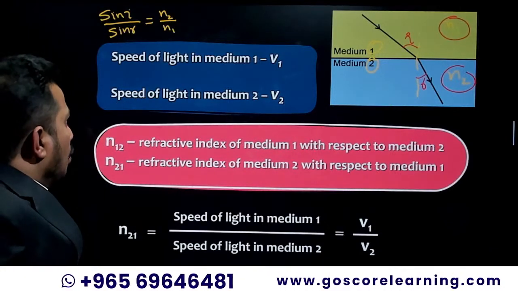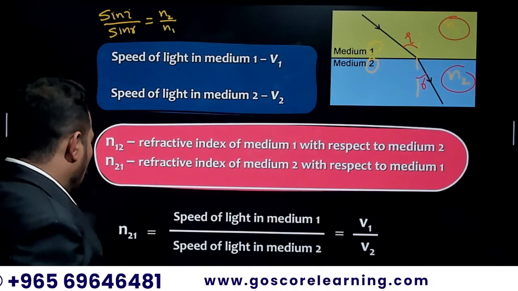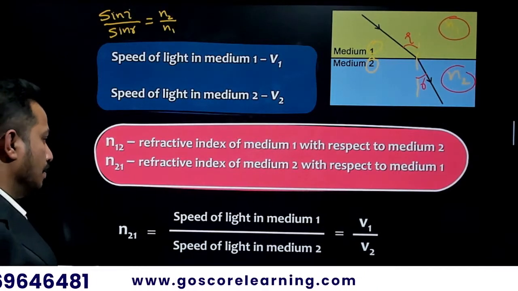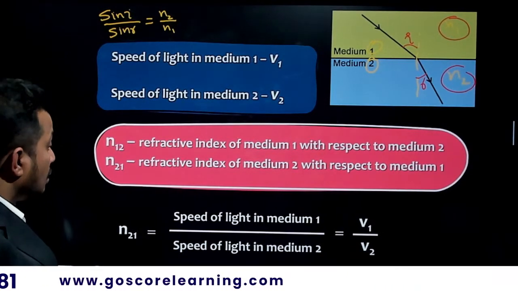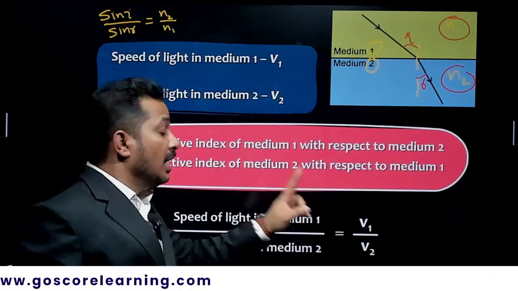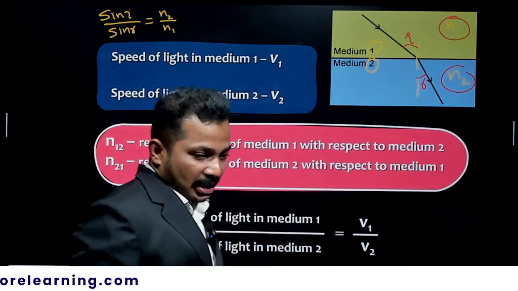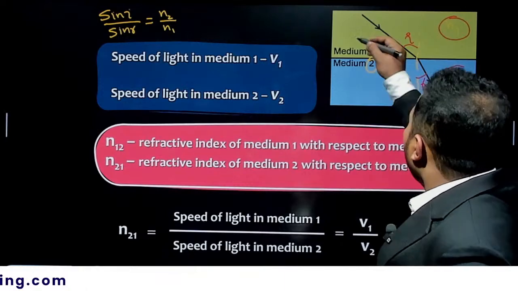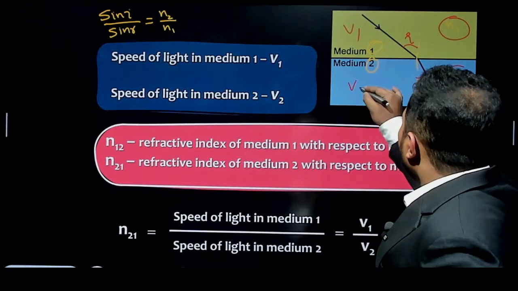In detail you don't need to discuss this, but anyway we can calculate n2 by n1 using an equation. n2 by n1 means speed of light in the first medium divided by speed of light in the second medium. In medium 1, the speed of light is v1, and in medium 2, it is v2.